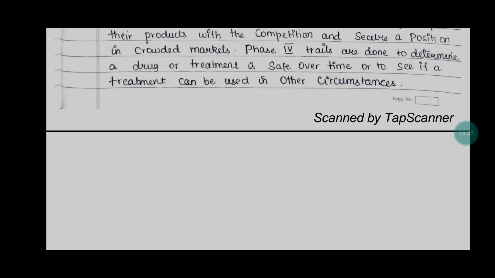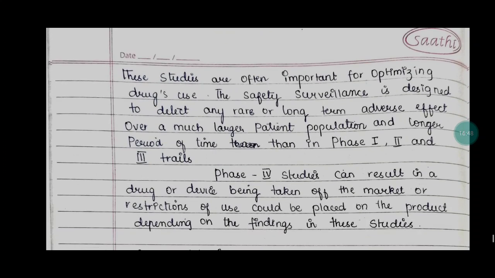Phase 4 trials are done to determine whether a drug or treatment is safe over time, or to see if a treatment can be used in other circumstances. These studies are often important for optimizing drug use.